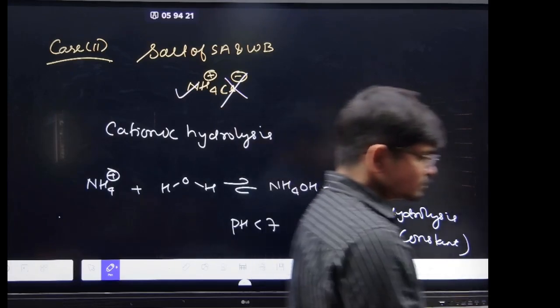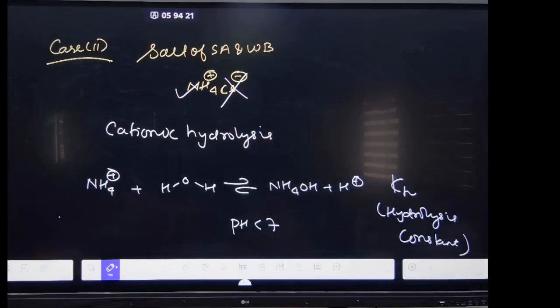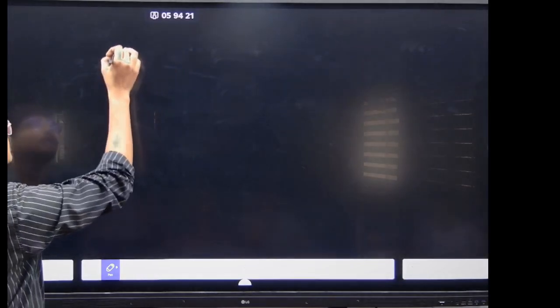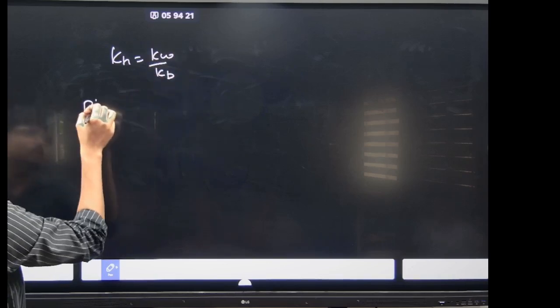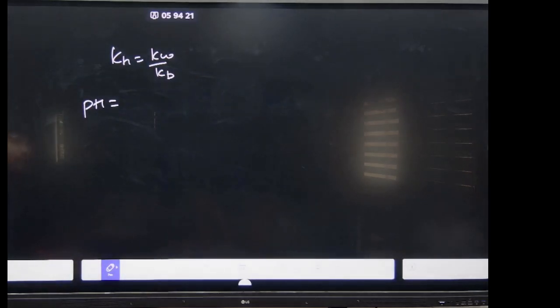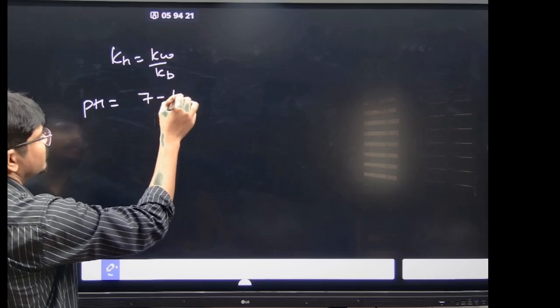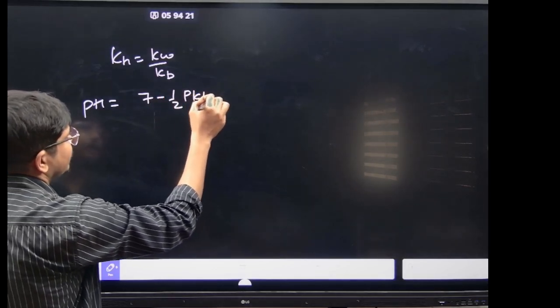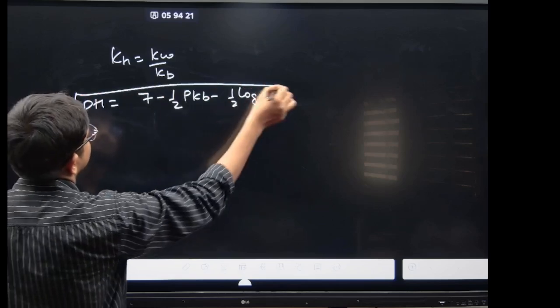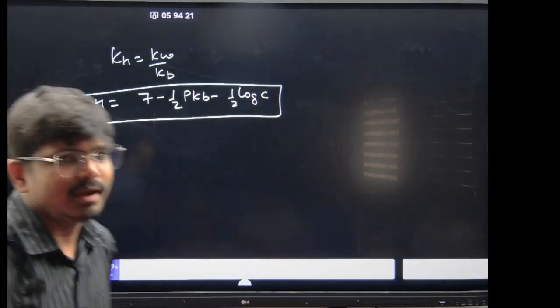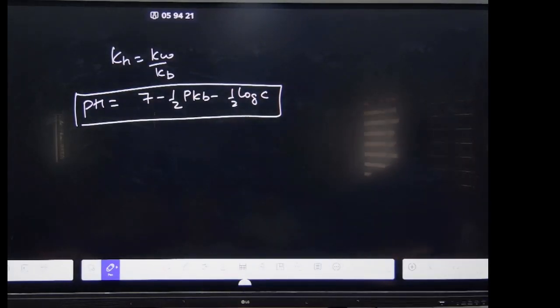अब देखो यहाँ पर. Now see here. I can write here, KH is equal to KW by KB, and pH is equal to, remember this formula, 7 minus half pKb minus half log C. Got it? ये important formula है तुम्हारा.